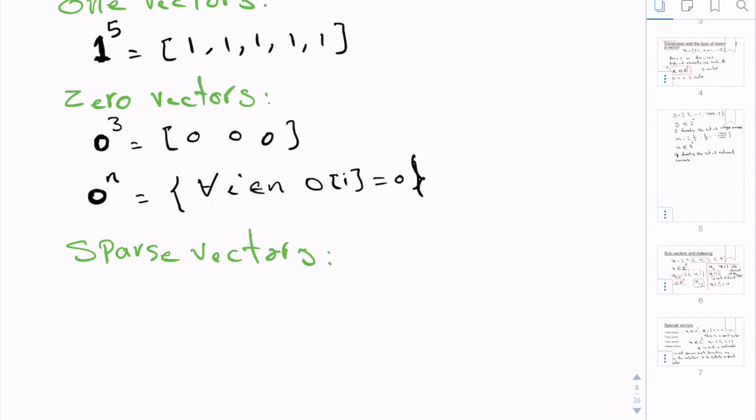But if you want to have some sense of what a sparse vector is, let's say x is a sparse vector.